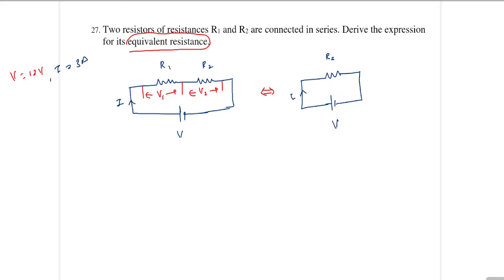From the battery's point of view, it doesn't matter whether it is 2 resistors or 3 resistors or any number of resistors. Whether you put this combination or a single resistor, the effect is the same. The same current comes out. That resistance is called the equivalent resistance. So we need to find what this RS is.